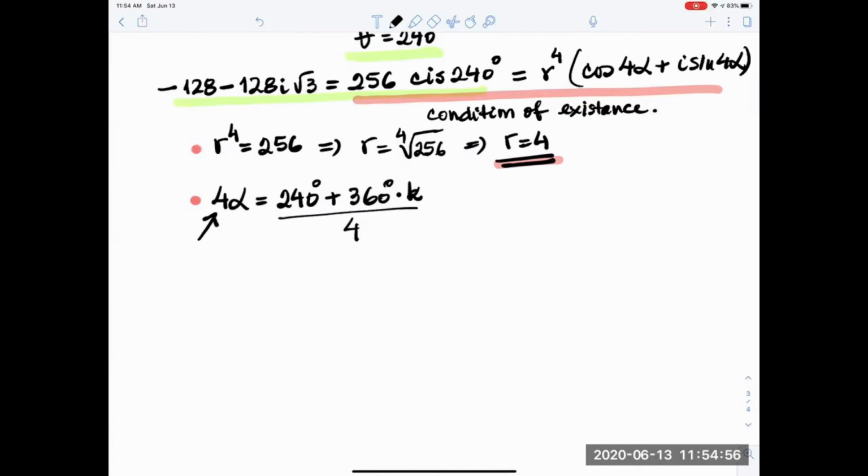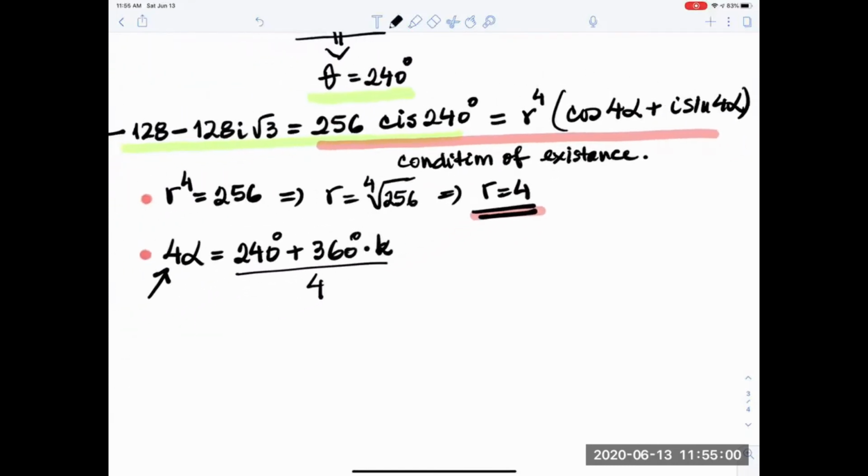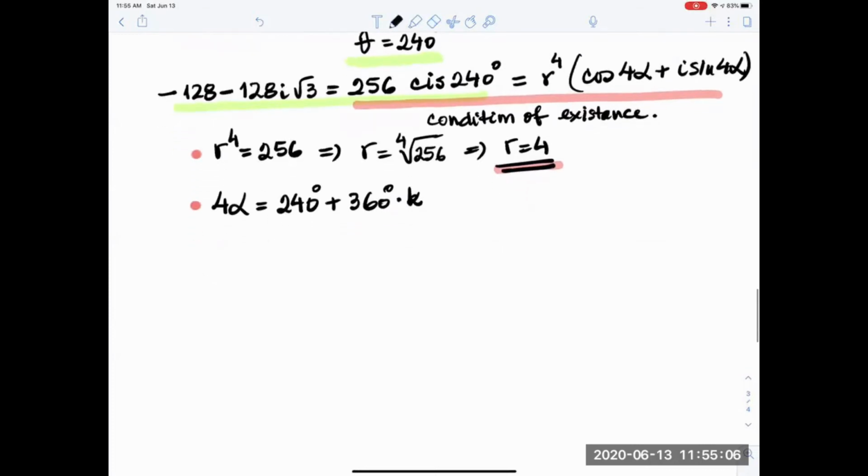I just put them together because this connects more easily to what you're looking for. So I'm going to erase that part. From here, you get that alpha equals 240 plus 360k over 4.